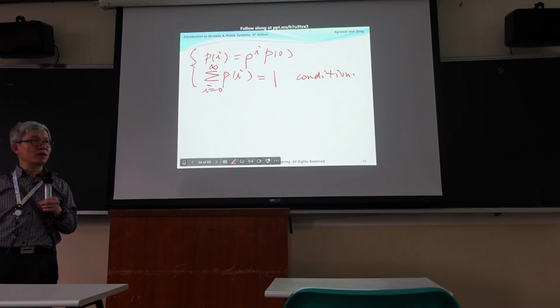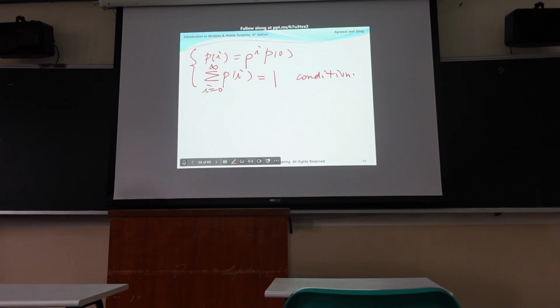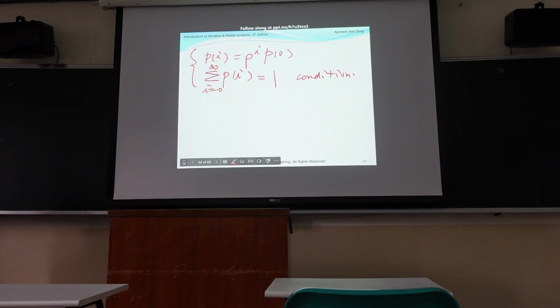About the total probability, condition, so that's our condition. Substitute this one into the condition. So we will have this. Because of 1, so we have this. And we have the form.